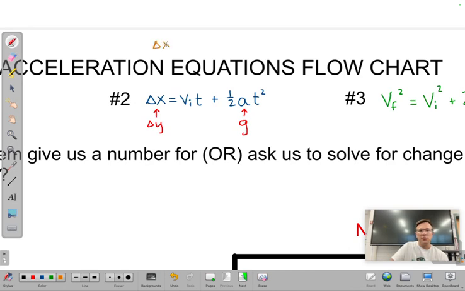Delta x is equal to vi times t, right? Plus, and then this is all together, but we need to be careful here. It's 1/2 a, and then the t is the only thing that is squared in this. The time is the only thing that's being squared here.